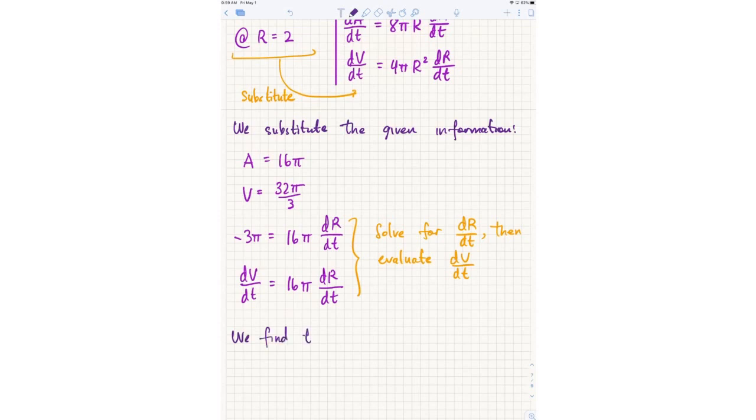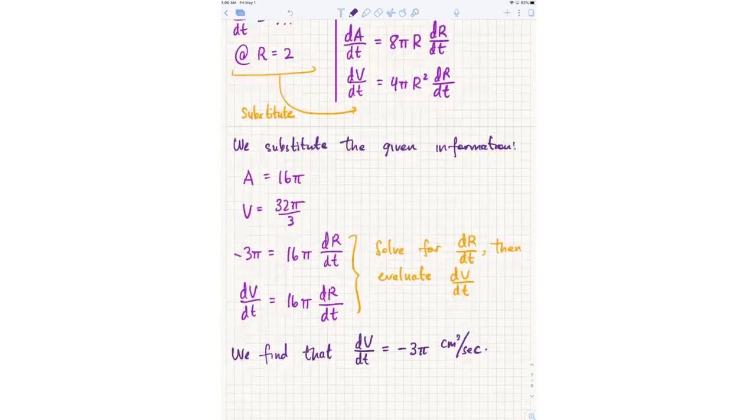Doing that arithmetic, we find that dV dt equals negative 3 pi cubic centimeters per second. Even though it looks like the same number, it really isn't, because the units are different. The problem would have been better if they had given you a different radius, like 5 or 3, so these numbers don't turn out to be the same.